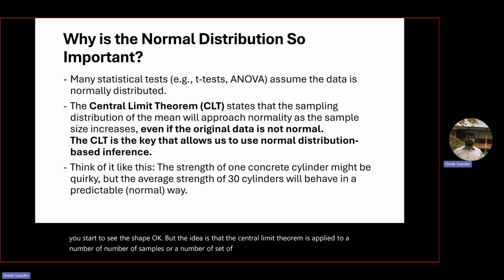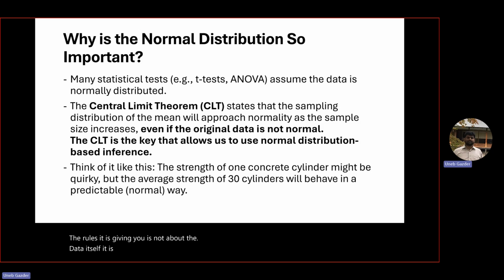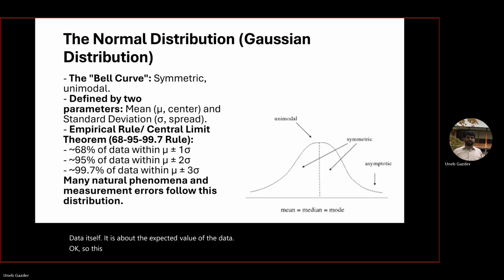And the rules it is giving you are not about the data itself. It is about the expected value of the data. So this is not the range of data. This is a range of mean you can get from those samples.